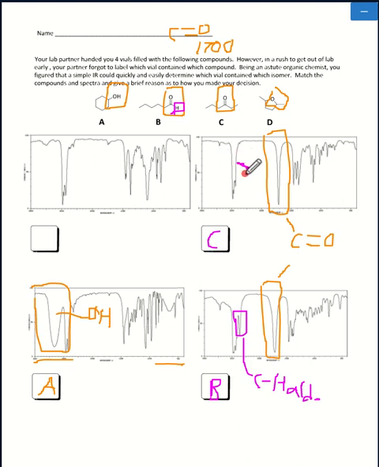Since there is no additional peak right around here, off to the corner of this larger one, that means you're just looking at a ketone and not an aldehyde.